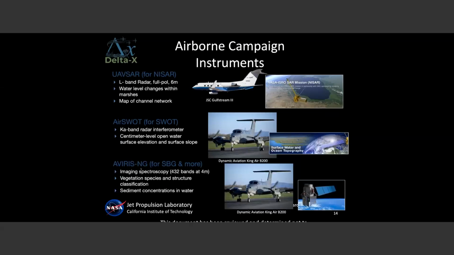So we had 3 aircraft that flew near simultaneously. We have 2 radars and 1 optical sensor. The 2 radars focused on hydrological parameters, in particular to measure water level changes within marshes and water surface elevation and slope along river channels.